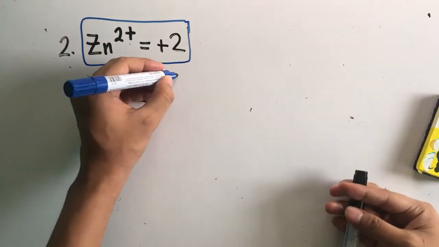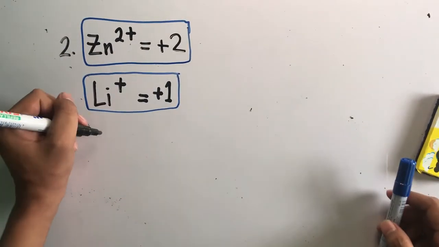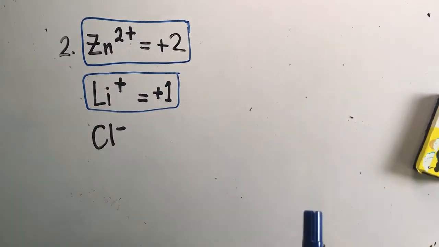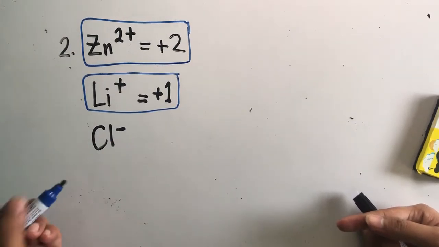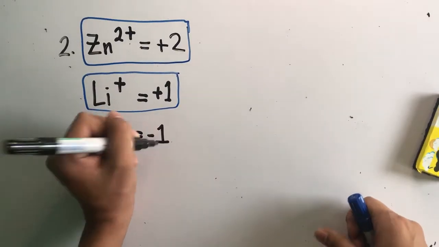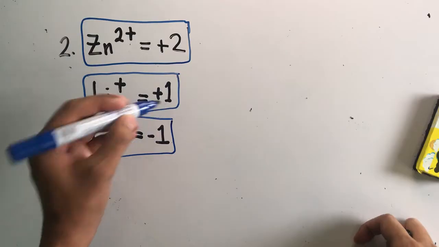Box natin. Okay, so what if you have, say, Cl minus? Okay, now if we try to look at, ang charge ay negative 1. Therefore, ang oxidation state ay negative 1. So, box your final answer.